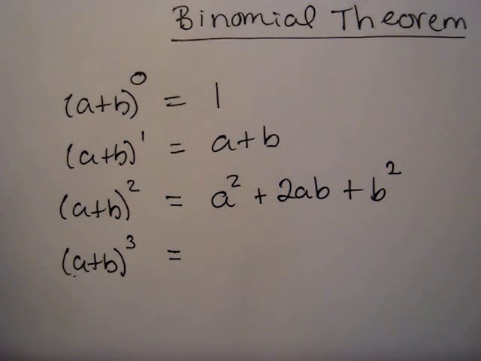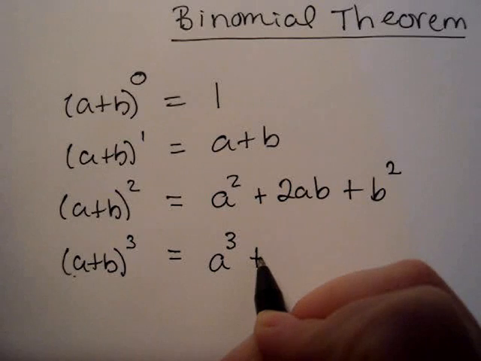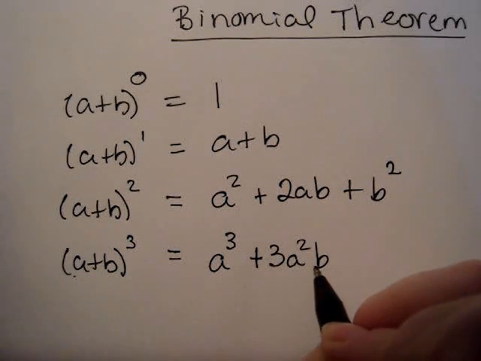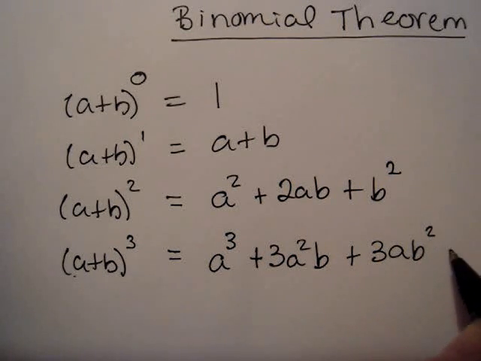The binomial theorem gives us the pattern to do it without actually multiplying. So, since I know the binomial theorem, I know that the answer will be a to the third plus 3a squared b plus 3ab squared plus b to the third.